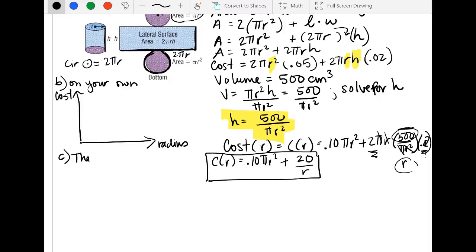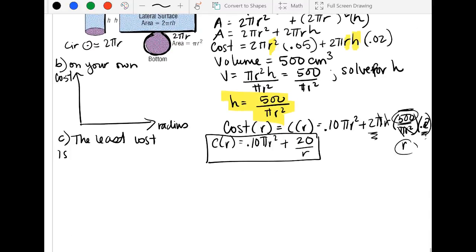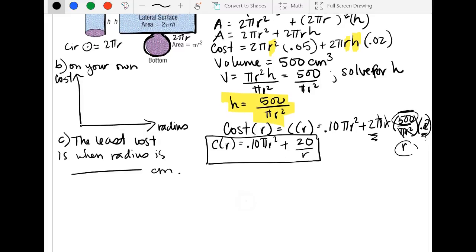The least cost is when, because it says what value of r, I'm looking for r. The least cost is when the radius is, and then fill that in for me. The unit of measurement is centimeters. Once you have an answer, please check with your team.